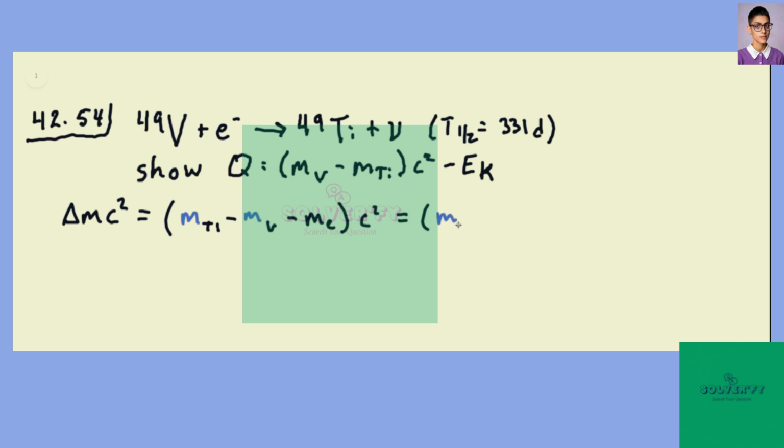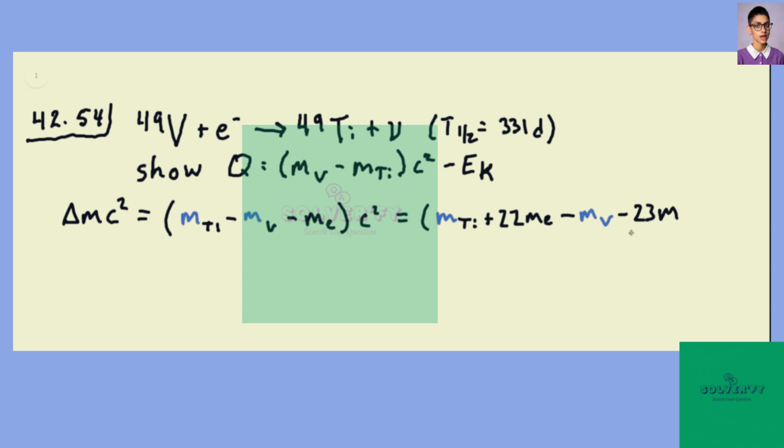So we have the mass of the titanium nucleus plus the mass of 22 electrons, minus the mass of the vanadium nucleus minus 23 electrons, because we had a minus 1 electron mass, and then we added and subtracted 22.